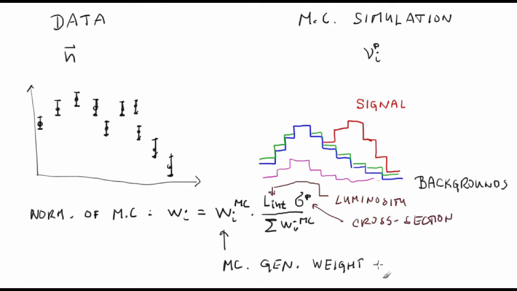For some generators, like good old Pythia, these weights will be equal to 1, but if you use modern NLO generators, they will produce weights different from 1, and a fraction of weights may even be negative. Together with these Monte Carlo weights, you can also use any other correction factors that are needed to improve your Monte Carlo simulation.